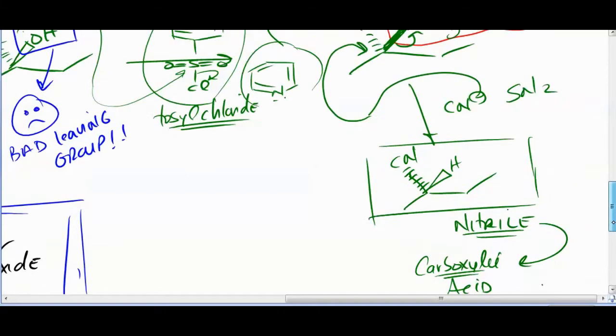This guy can be hydrolyzed using H2O and acid and heat, or you might just see H3O plus. That's okay. All that's going to do is turn this guy into a carboxylic acid. This is the carbon of the carboxylic acid. So we would have this.